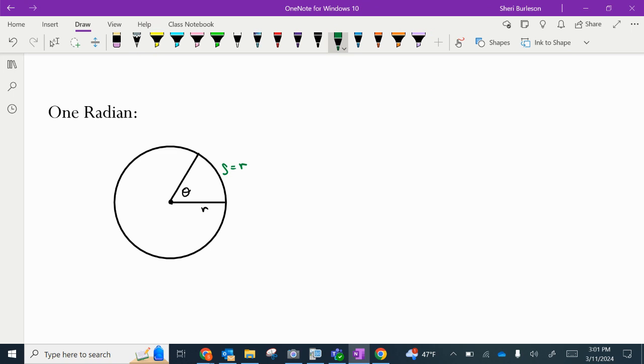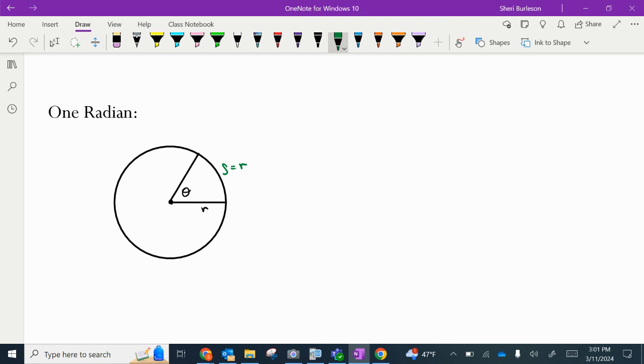So if I took this length, ran it around the circle, and that's where I mark off the angle, that is considered 1 radian. Not a degree. Degrees are significantly smaller.